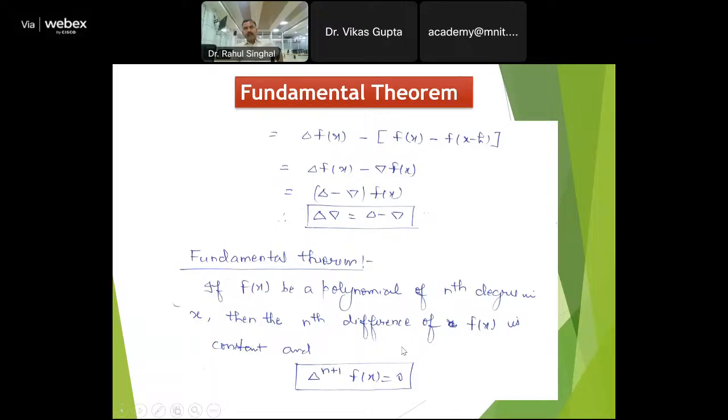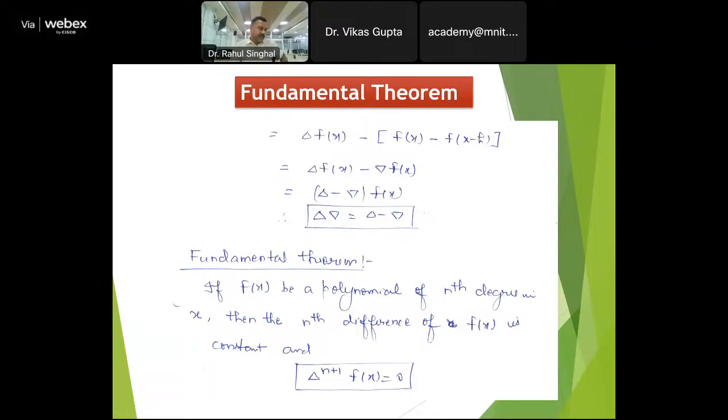Like we can find out a missing term in any forward difference table or backward difference table, or in any function. We know the value of the function at different values of x, but we do not know the exact form of the function.